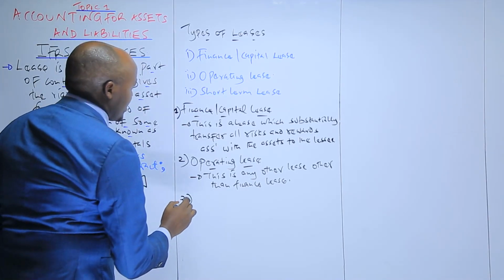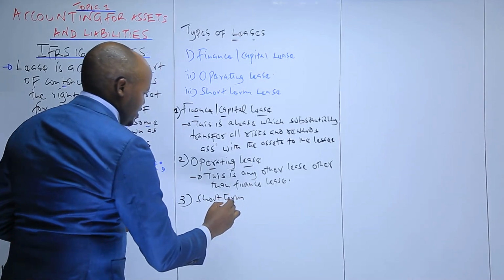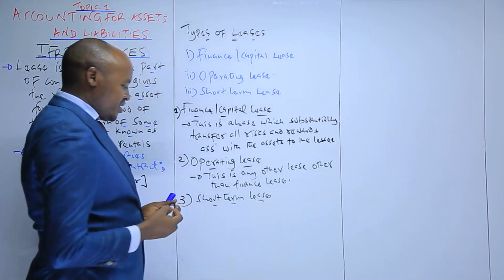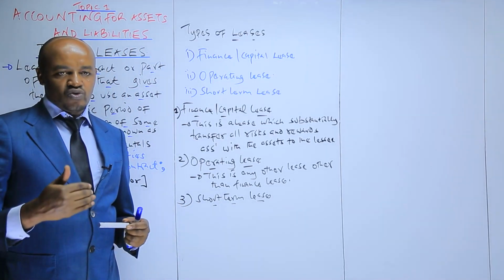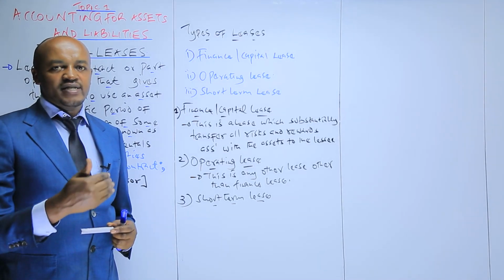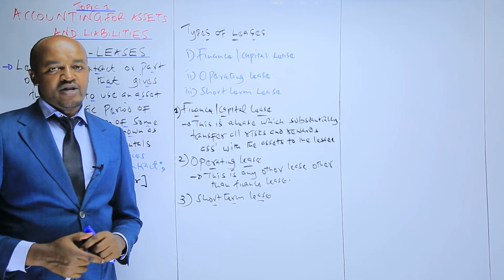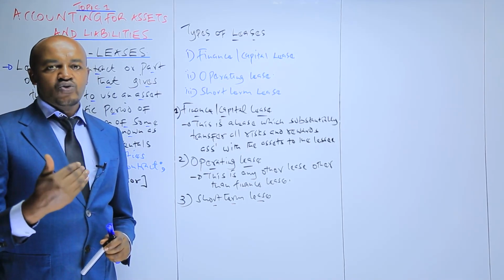And then from there, we have the last type of lease, which is called the short-term lease. When we talk about the short-term lease, this refers to any lease whose lease term does not exceed 1 year or 12 months. When we talk about the term of the lease, we are talking of the period of time when the lessee has been given the right to use the asset.